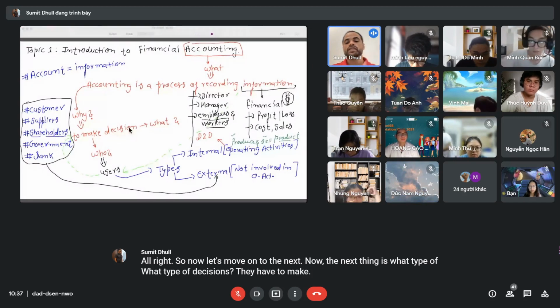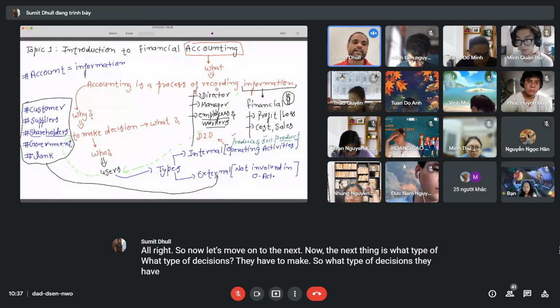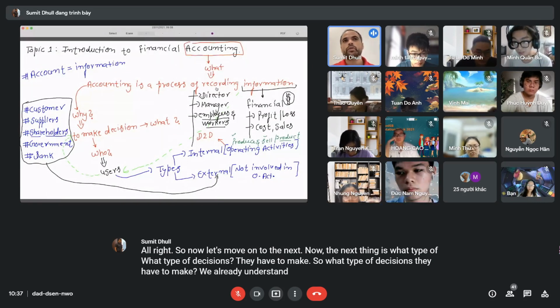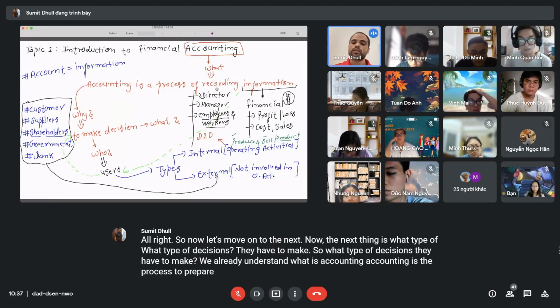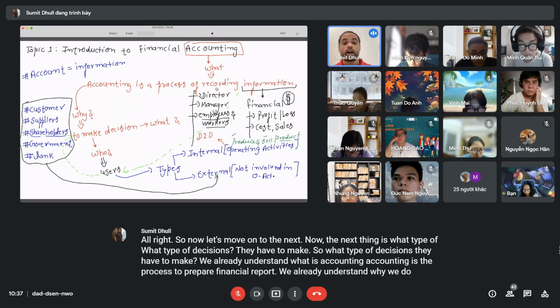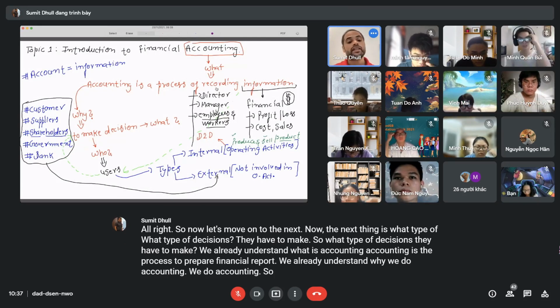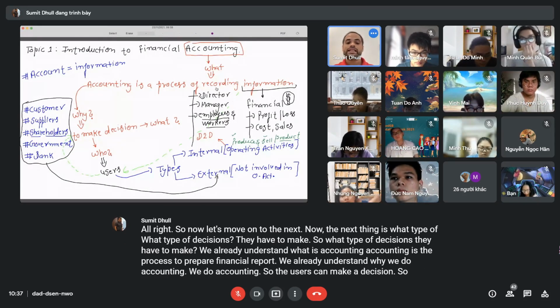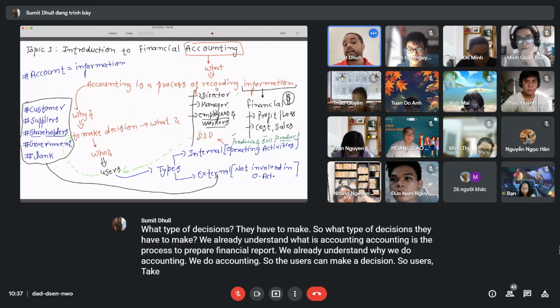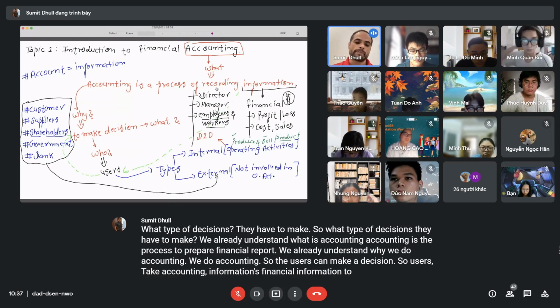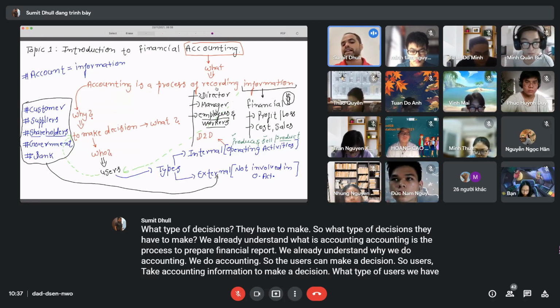We already understand what accounting is. Accounting is a process to prepare financial reports. We already understand why we do accounting. We do accounting so the users can make decisions. So users take accounting information, financial information, to make decisions. What type of users? We have internals and externals.